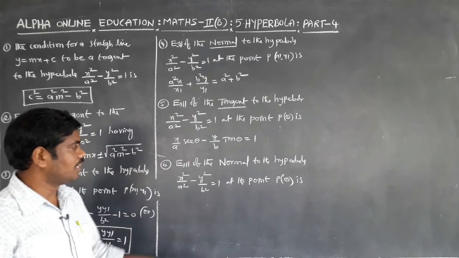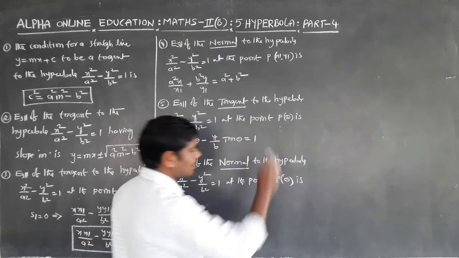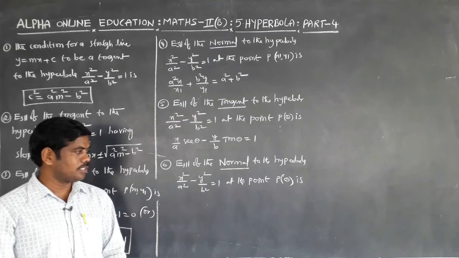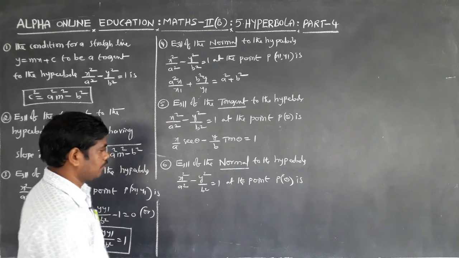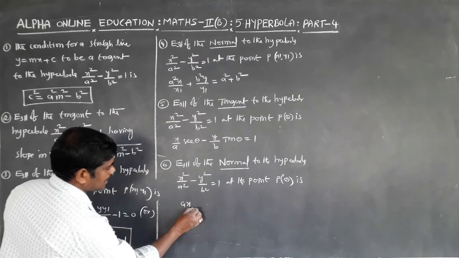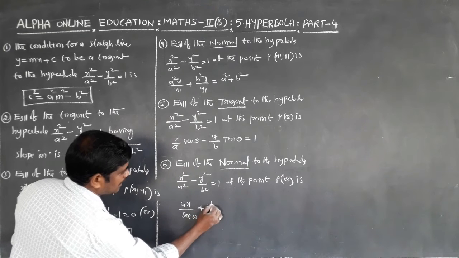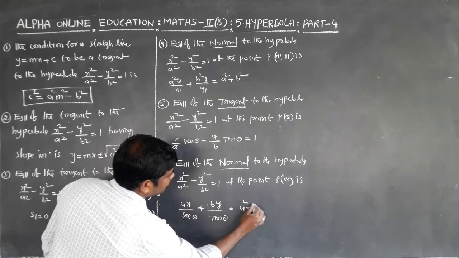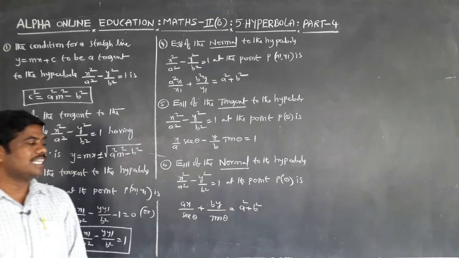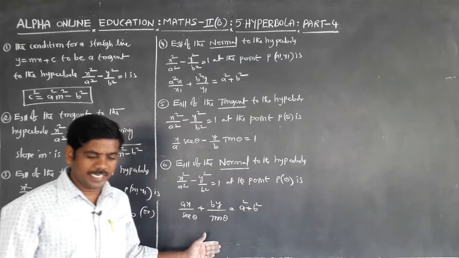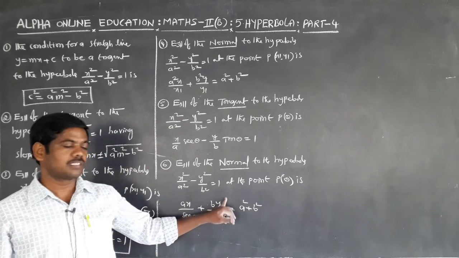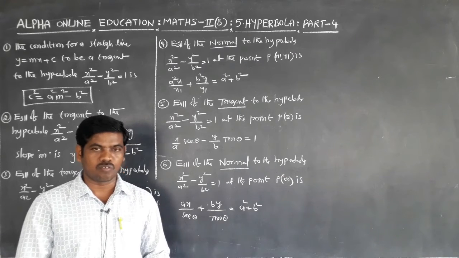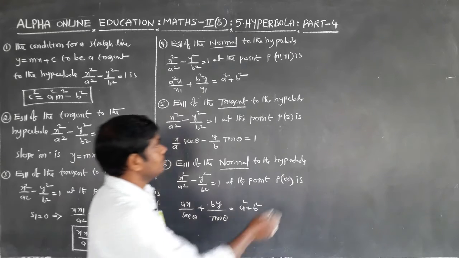The equation of the normal at the point P of theta is ax by secant theta plus by by tan theta is equal to a square plus b square.